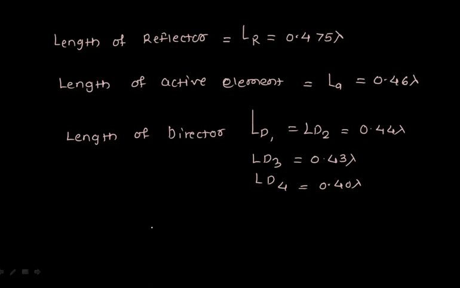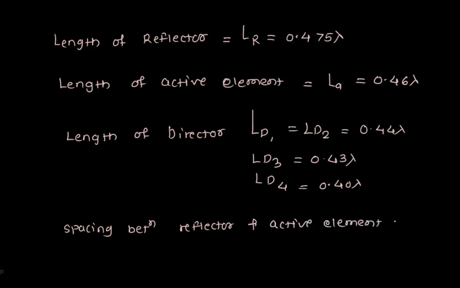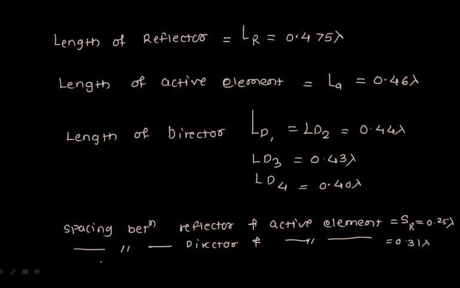Now what about the spacing between reflector and active element? We have already denoted it with SR, and this will be 0.25 lambda. Now the spacing between director and active element will be 0.31 lambda, and this will be the same for the further ones.